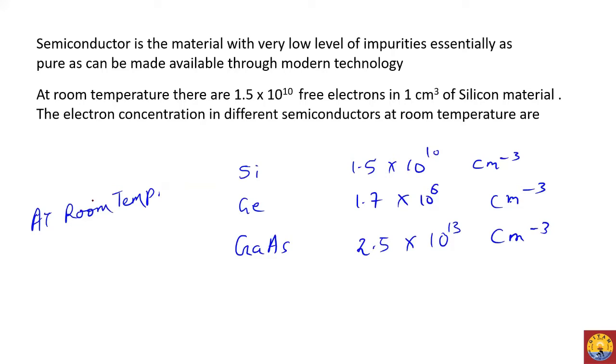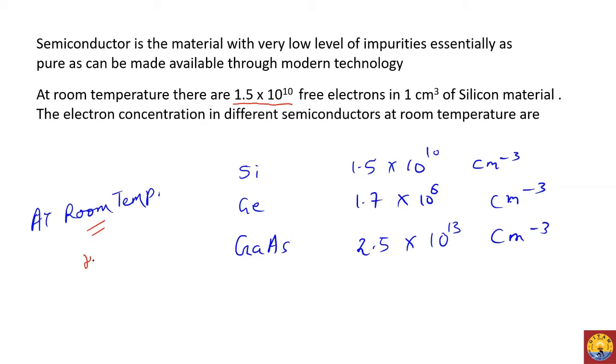Then at room temperature, these intrinsic semiconductors still have 1.5 x 10^10 free electrons, although it's minimal, in 1 cubic centimeter of silicon material. So free electrons are still present at room temperature. Why do we say room temperature?